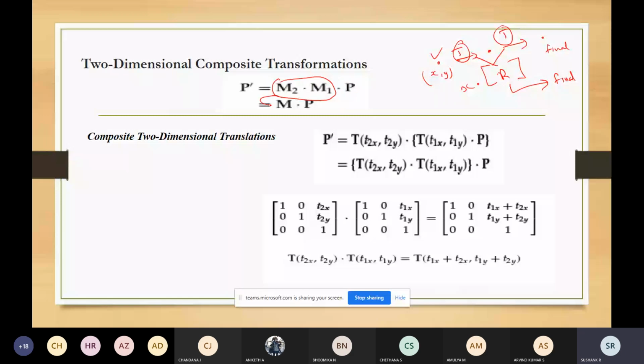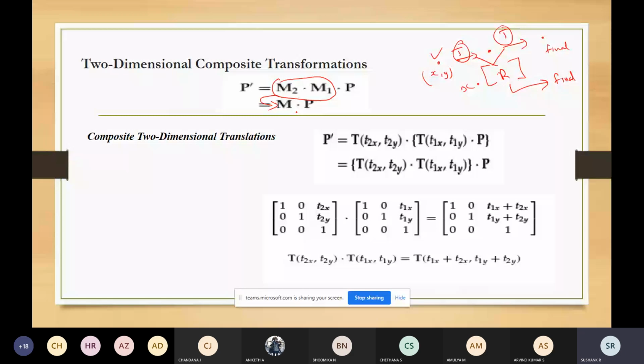Forming the product of transformation matrices is often referred to as concatenation or composition. So if you want to apply two transformations, T1 and T2, to an initial point called P, then instead of doing the transformations separately, you can find the product of those transformations, and then apply that to the initial point.